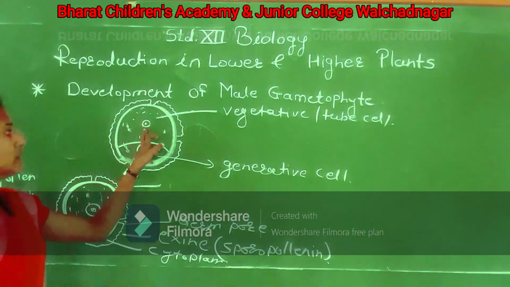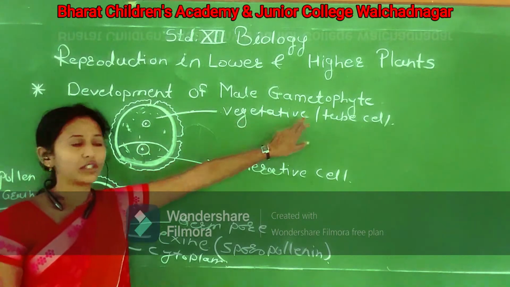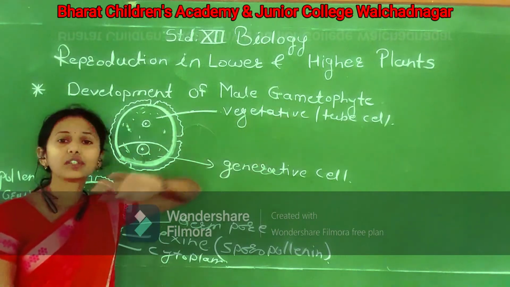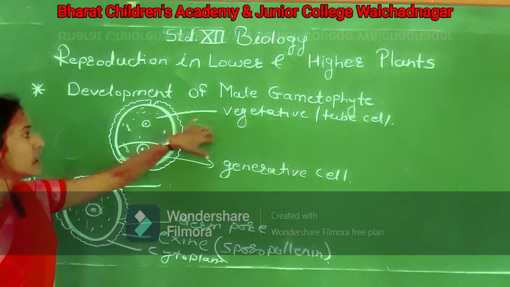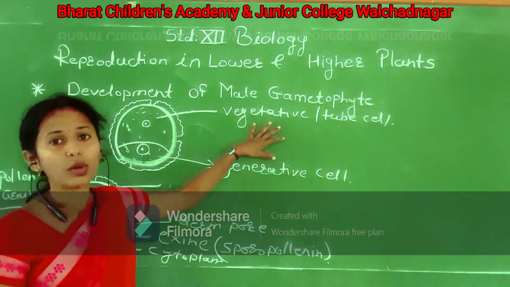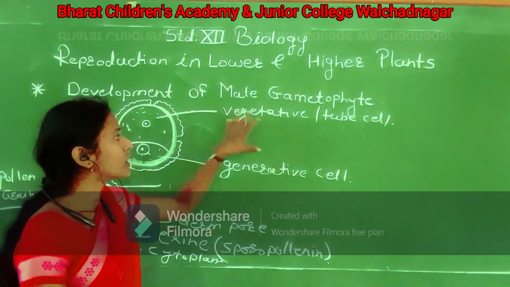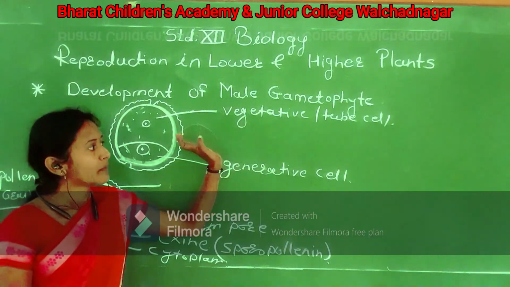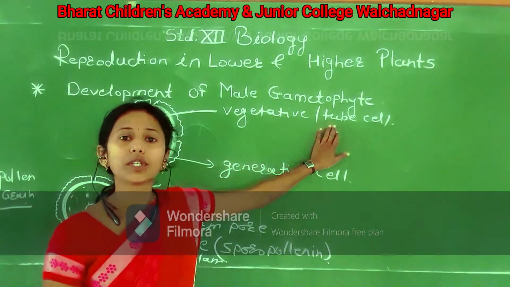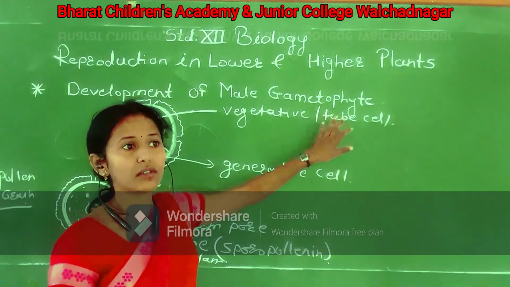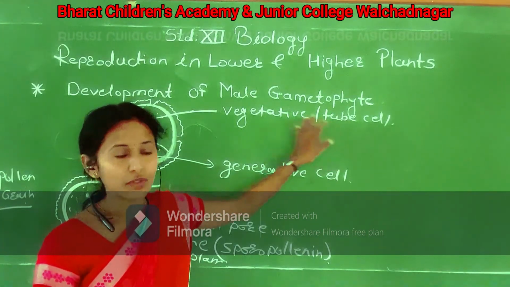Why is the large cell called a vegetative cell or tube cell? Because this cell does not help in the production of male gametes. It is a non-reproductive part, so it is called a vegetative cell and also a tube cell. Why a tube cell? Because it helps in the formation of the tube structure.